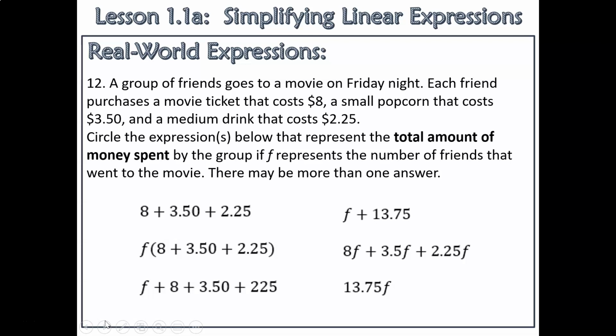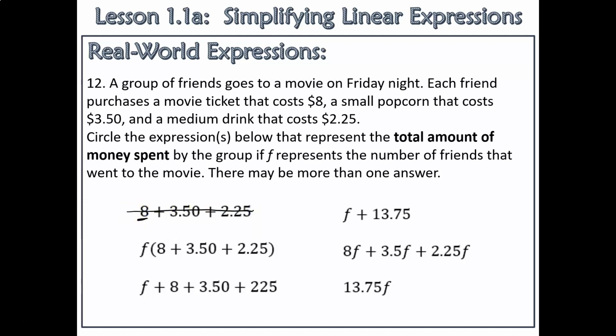So let's talk about the first one. $8 plus $3.50 plus $2.25. Well, this means that if the movie tickets are $8, this is only one friend. This is only one ticket. So this one doesn't work.